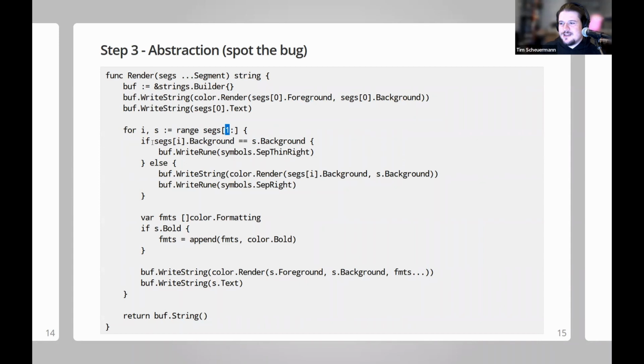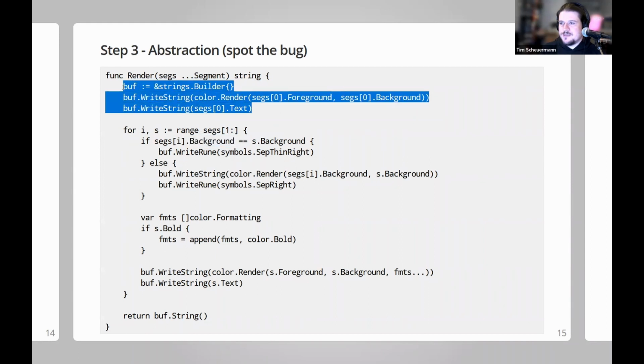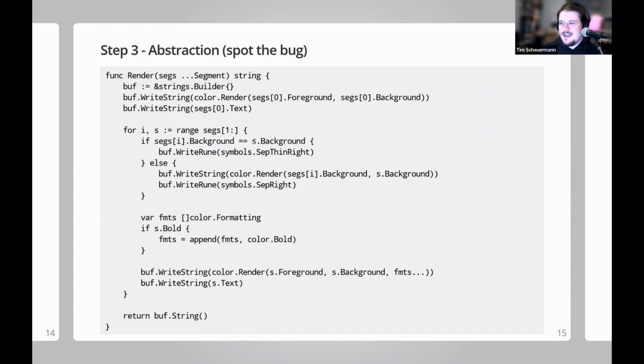So when I compare these two, I'm using segments I, which is, for example, segments 0, which will then point to the actual first one, the one we rendered up here. And S points to the one we are just processing.